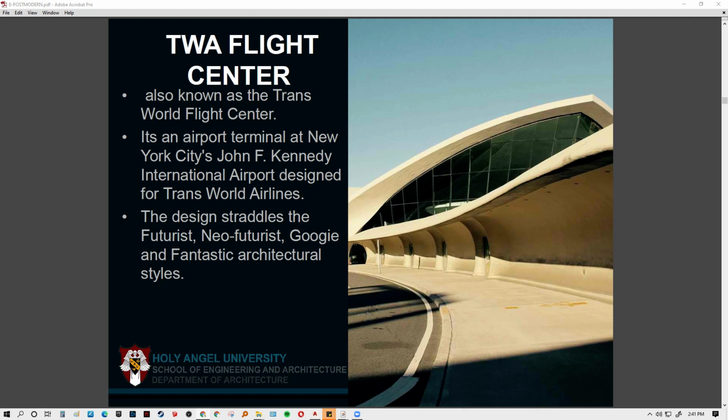So form and function are working together with his philosophy, and a good example of his was the TWA Flight Center, or the Trans World Flight Center.